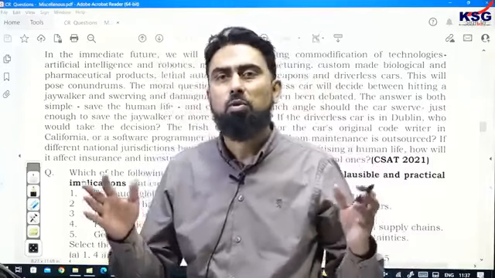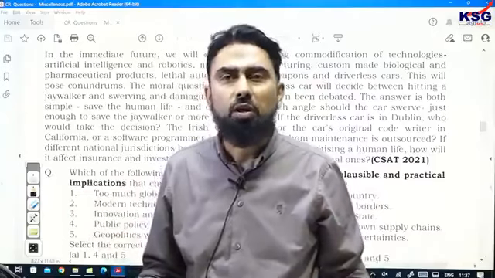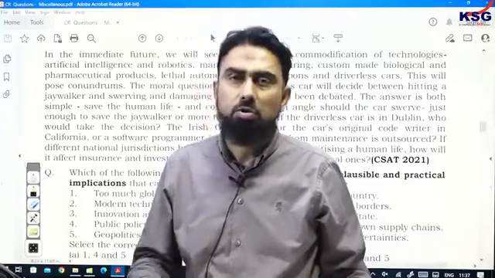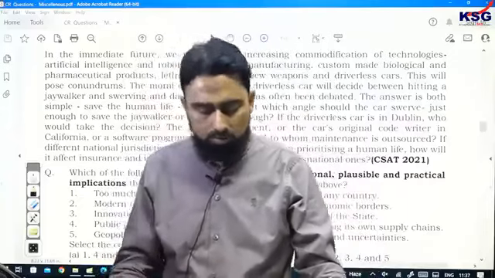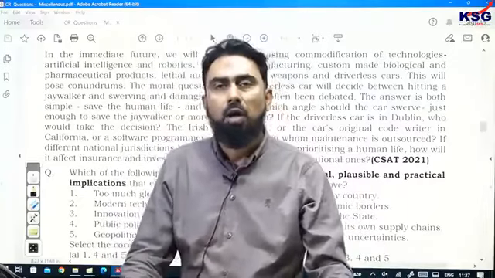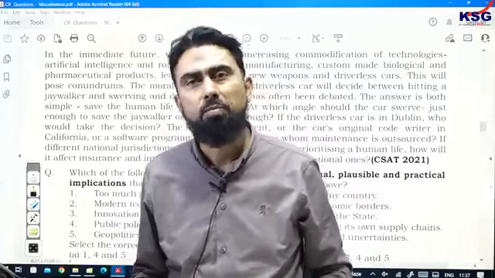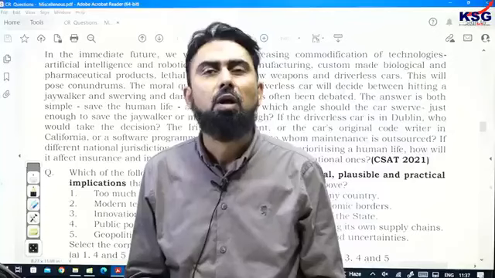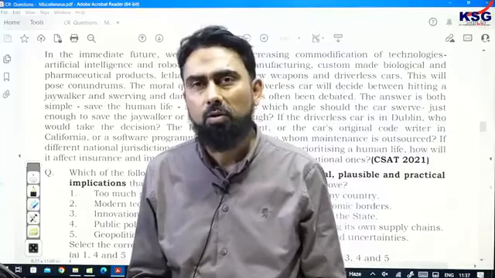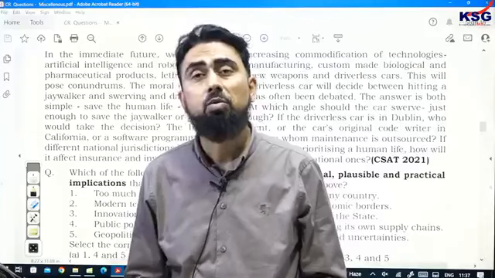Suppose the paragraph talks about the water problem, that drinking water sources are shrinking all over the world. Suppose the passage is around that, and then implication has been asked. One of the statements says that it's not a big problem to arrange drinking water for the people because plenty of water is available in oceans and sea. So apparently it looks like a solution.